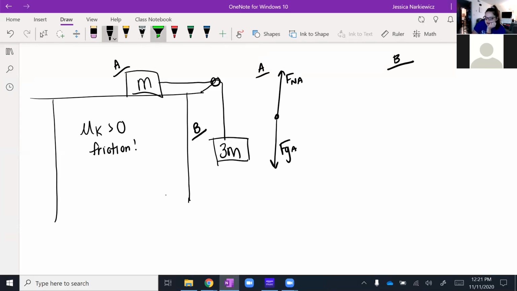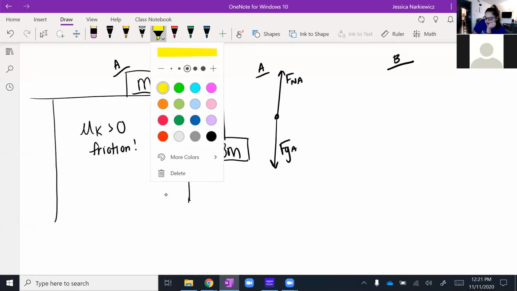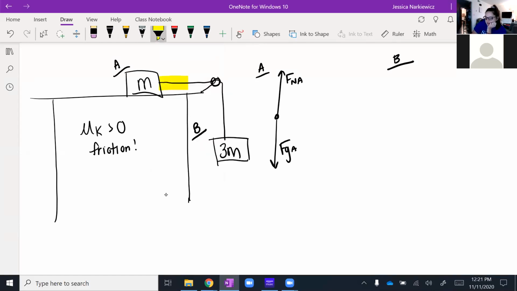And then there's this string here, right? On the right-hand side of the block. So that means this object is getting pulled with a tension force to the right. And I can assume that this entire system, right, this block moves this way, this block moves down. So since block A is moving to the right, that means that friction is going to act to the left.